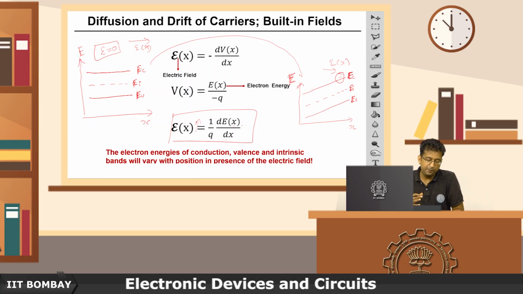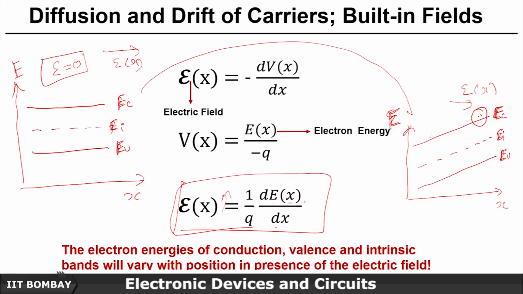This is very important. When we apply an electric field in semiconductors, we should know the direction and how to draw the band diagrams. In a nutshell, the electron energies of the conduction, valence and intrinsic bands will vary with position in the presence of an electric field, and how they vary is decided by this basic expression.